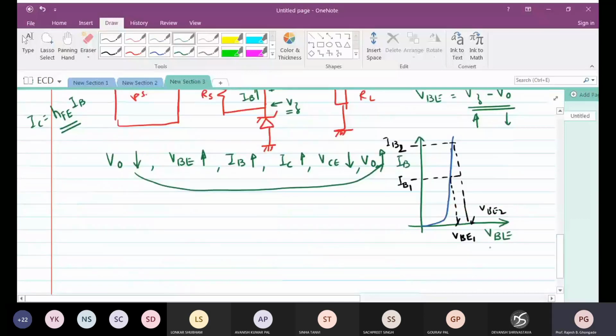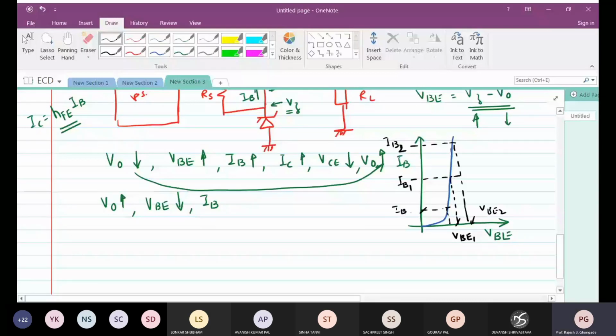You can work the other way around also. If VO tries to increase, now you tell me, what will happen to VB? Decrease. It will decrease. What will happen to IB? Decrease. Don't blindly do it. See here, VB has decreased, so IB will also decrease.